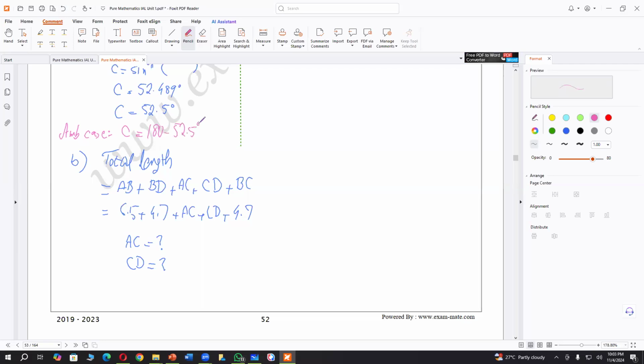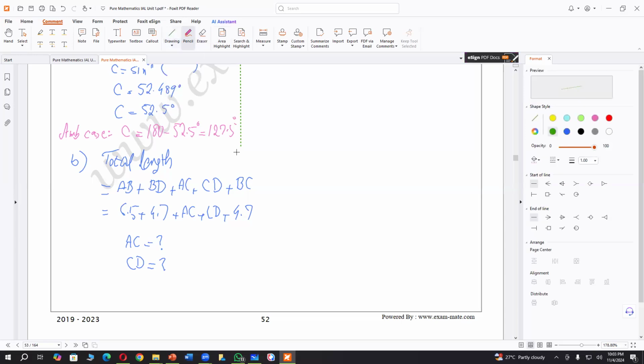Can you subtract it? Yes, it is 127.5. Good. This is an ambiguous case example, and this is how we judge it, because we could see that this value is not possible.